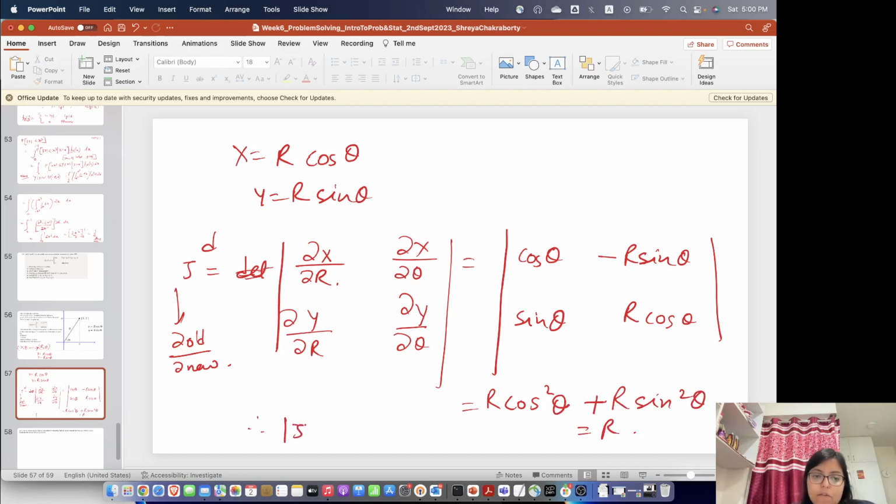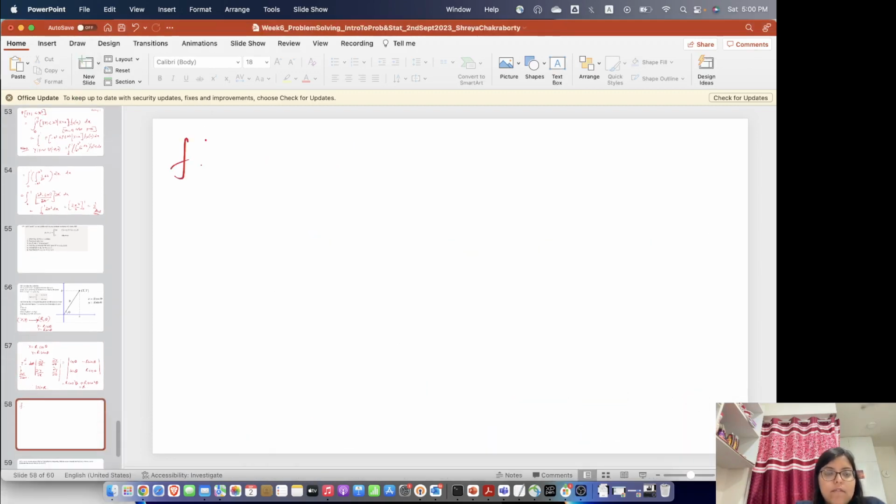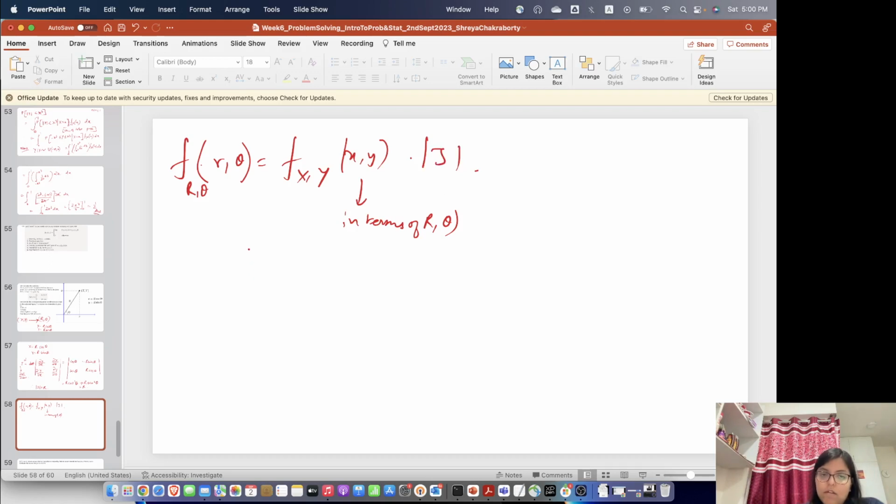Therefore the absolute value of the Jacobian is also r. Okay, so if we have to use this transformation, then f(r, theta) equals f(x, y) in terms of r and theta, into the absolute value of the Jacobian.